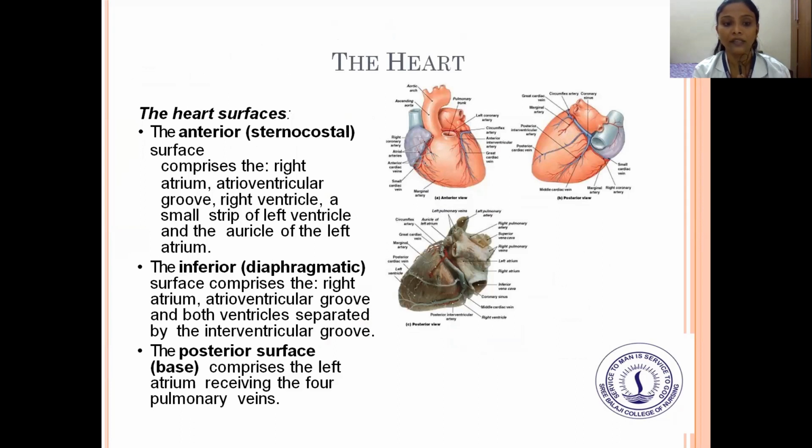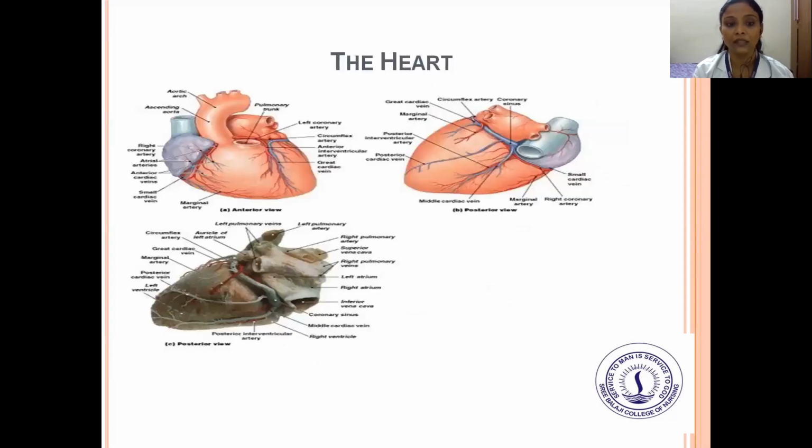Next, the inferior surface, that is the diaphragmatic surface, comprises the right atrium, atrioventricular groove and both ventricles separated by the interventricular groove. The posterior surface comprises the left atrium receiving the four pulmonary veins. This is the heart structure. Can you see this picture which shows the differentiation between the anterior, inferior and posterior surface of the heart?